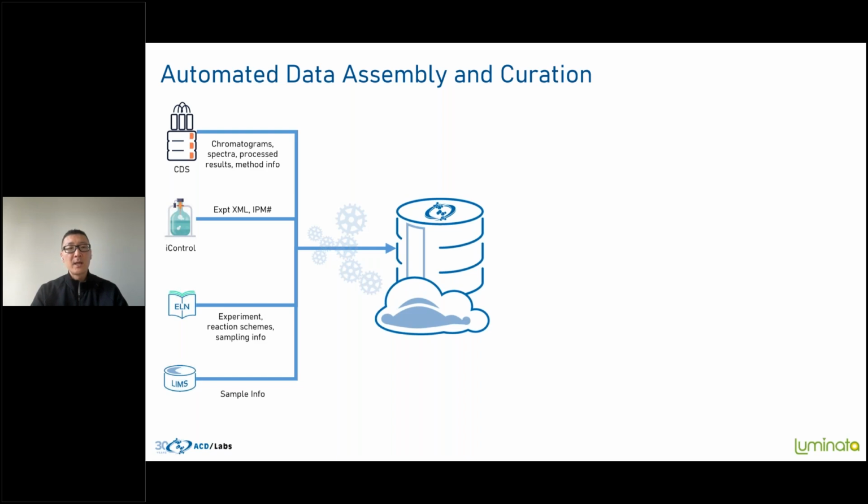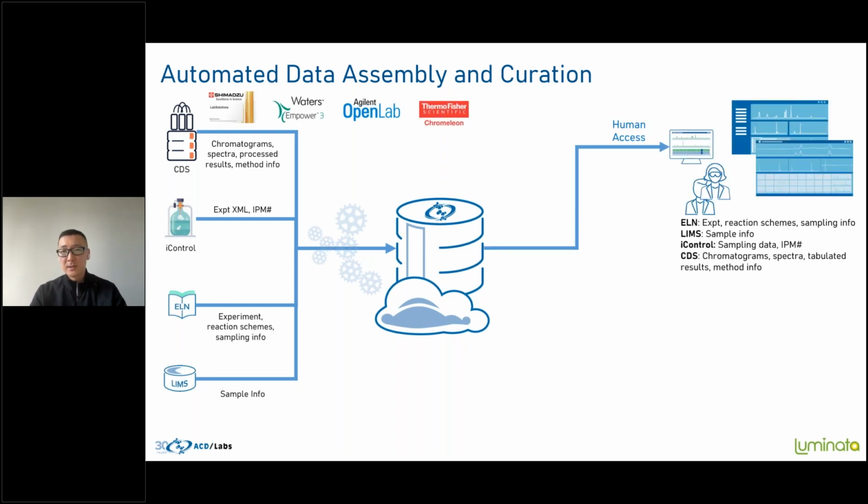So we can correlate the metadata from the iControl along with the CDS data acquisition, matching up the specific data set within the CDS with the actual metadata extracted from iControl, ELNs, and LIMS systems, and pull that all together and assemble it within our Spectra environment.